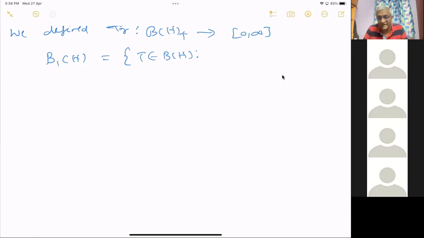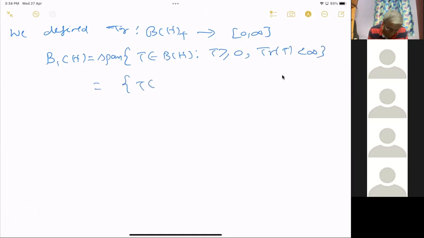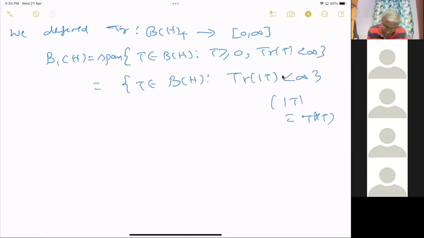This is not what we defined, but we later defined that it is equal to the span of T greater than or equal to 0 with trace of T less than infinity. This is exactly equal to T in B(H) such that trace of |T| is finite, where |T| is the unique square root of T*T. Okay.